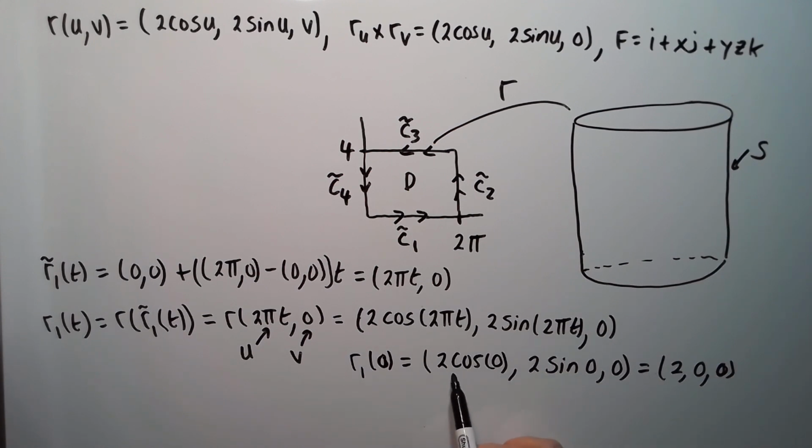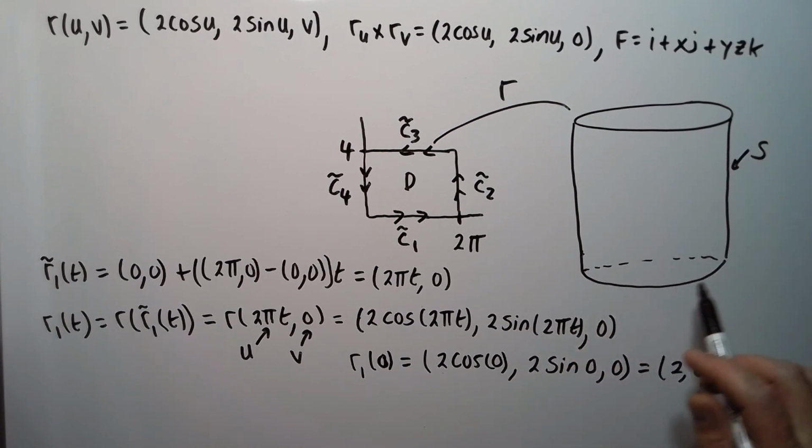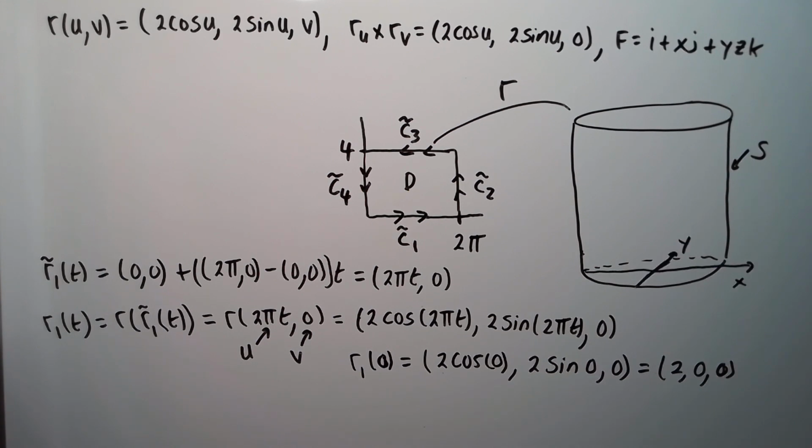So plugging 0 in, we'll have then, in place of t, 2 cosine 0, 2 sine 0, comma 0. Cosine of 0 is 1, so it's going to be (2, 0, 0). Okay, so if I graph that up here, let me put in my x and y axis. So (2, 0, 0) will be right here.